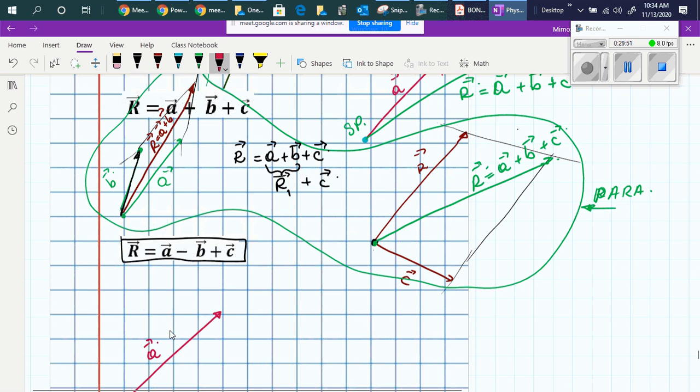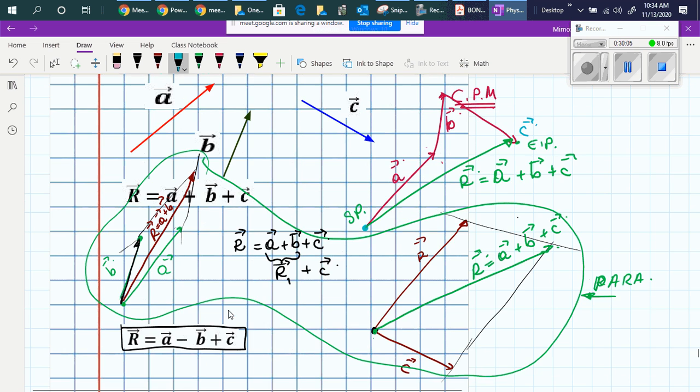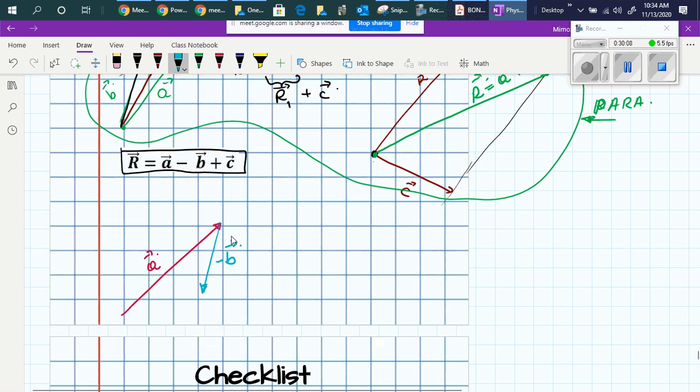Vector B is a vector that goes up as well, so negative B will be something like this. And vector C is a vector that goes further down, so it will be like this. Then the vector that closes the polygon, starting at the starting point and ending at the end point, will be the resultant vector A minus B plus C.